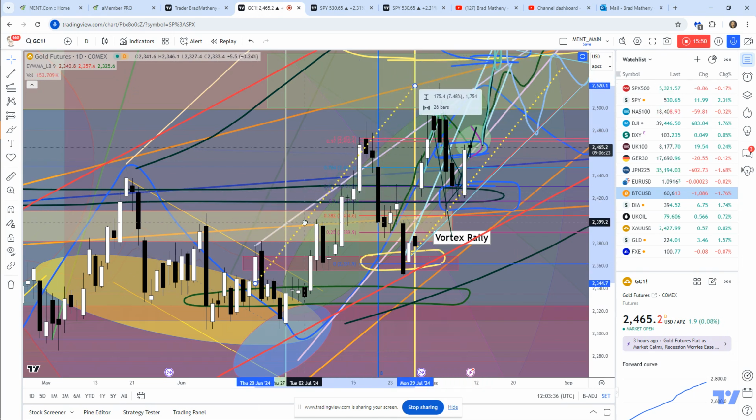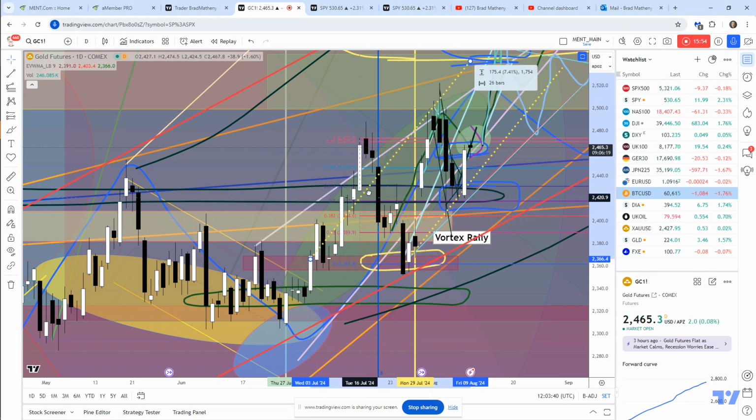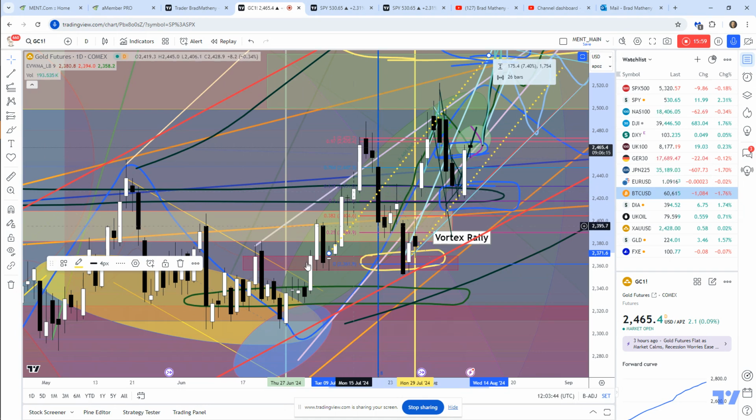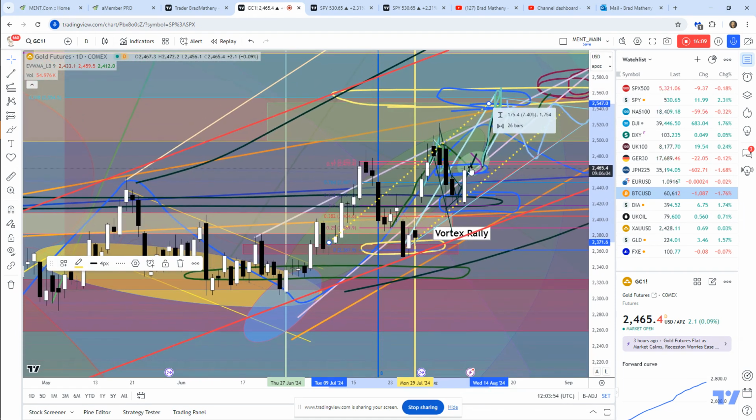Nope, don't like it. I'd have to go right into this area. And so you can see we have this channeling mode setting up. And I would watch for gold to stay in this channel. So at this point, the next leg for gold is up above the 2550 area.